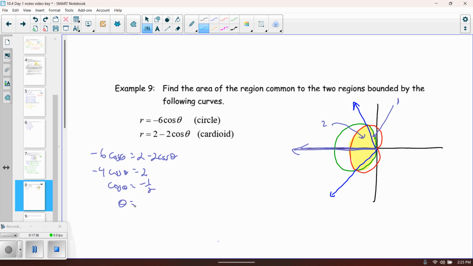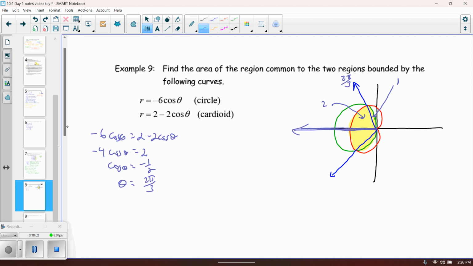And we know that that's in the second quadrant, which means that this is going to be at 2 pi over 3. So that's that angle right there. So you can see that we're going to go from pi halves to 2 pi over 3 for the circular region, and then 2 pi over 3 to pi for the cardioid region. We're going to add those two things up. We'll double the whole result, and then we'll get our area.